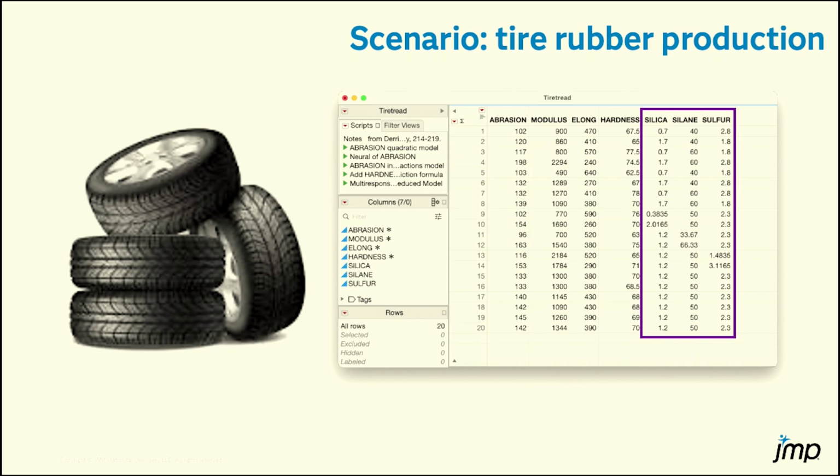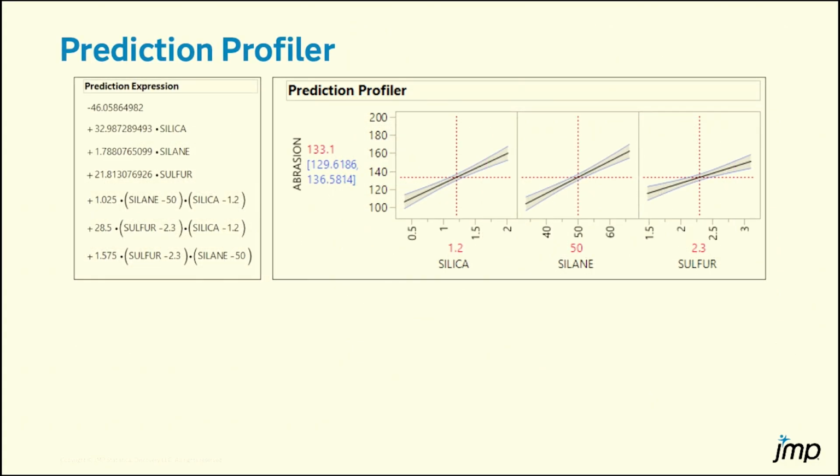And we're looking at the resulting tire rubber to see how it ranks on our ratings of abrasion, modulus, elongation, and hardness. So we have 3 factors of interest. We're treating them as continuous factors, and we have 4 responses of interest. We will use this for several things in this hour to show many different things about the profiler.